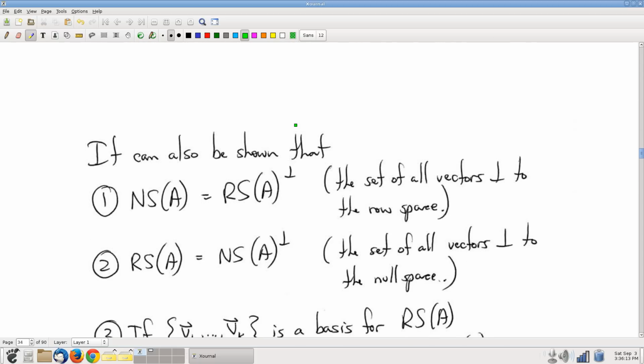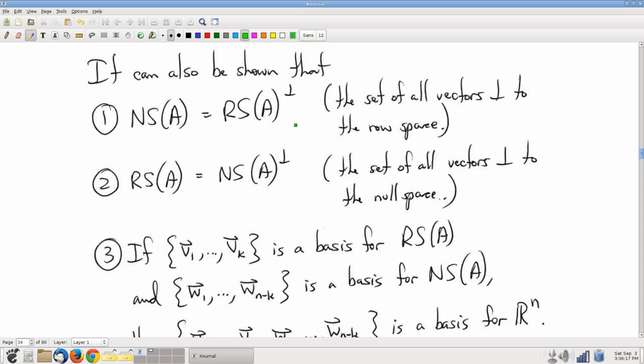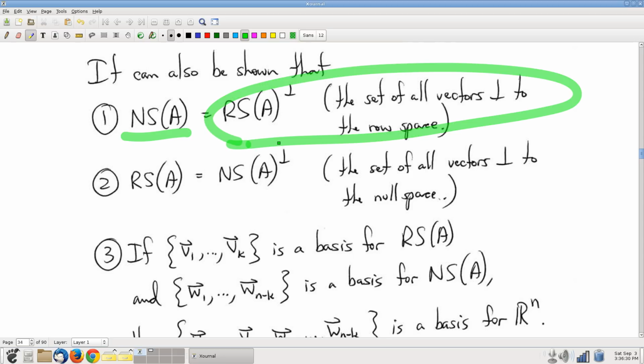Okay. So there are some more things that can be proved about the relationship between the null space and the row space. We won't be spending time on these in Math216. It turns out that not only is every null space vector perpendicular to the row space, but furthermore, the null space is all of the vectors that are perpendicular to the row space. It's the complete collection of vectors perpendicular to the row space.